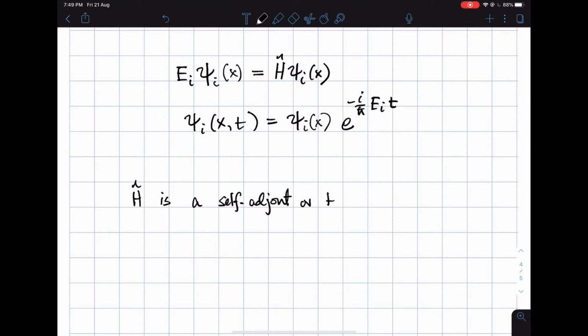Okay, so now recall that the energy operator, the Hamiltonian operator H bar, is a self-adjoint or Hermitian operator. Now, it's a theorem in quantum mechanics, which we will not prove in this course.